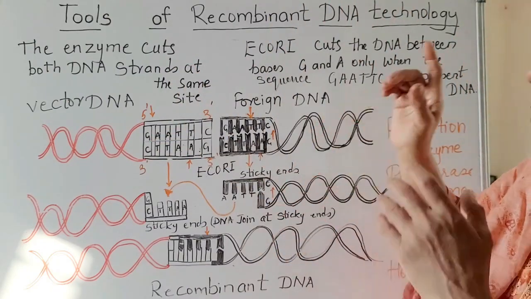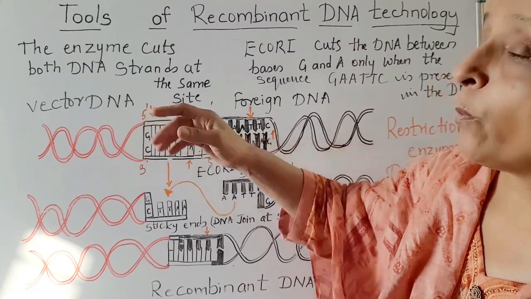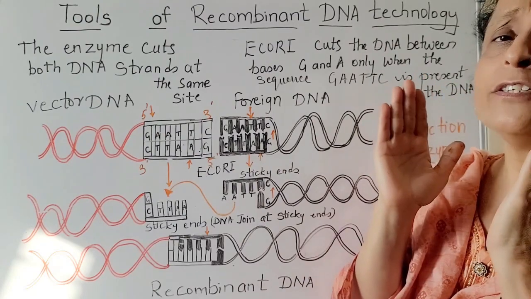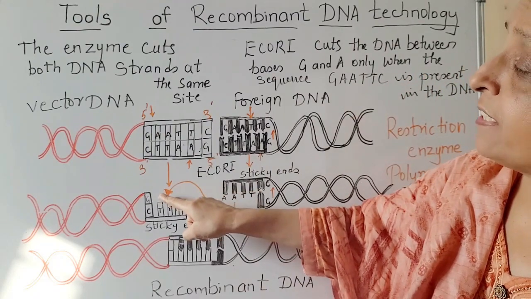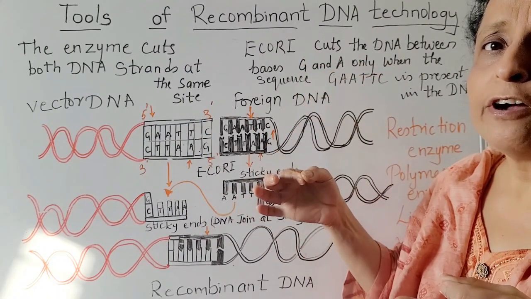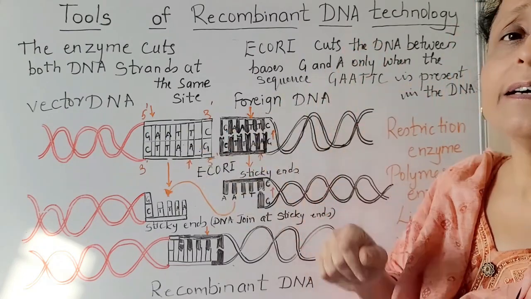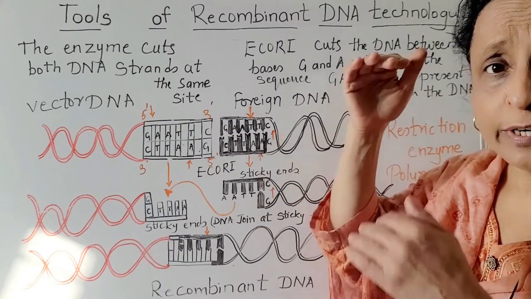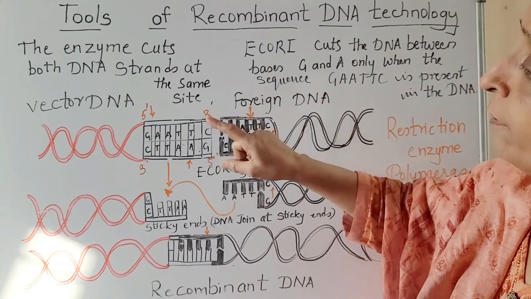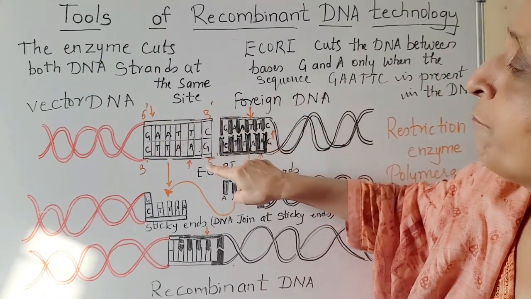Now this enzyme gives a cut a little bit away from the center of the palindrome, so that free strands are given out, which form the sticky ends, and that helps the DNA ligase attach it to the other DNA cut which we have given. Here you can see the sequence 5-3.